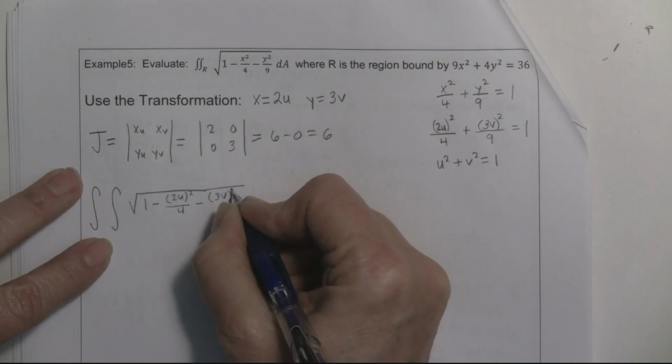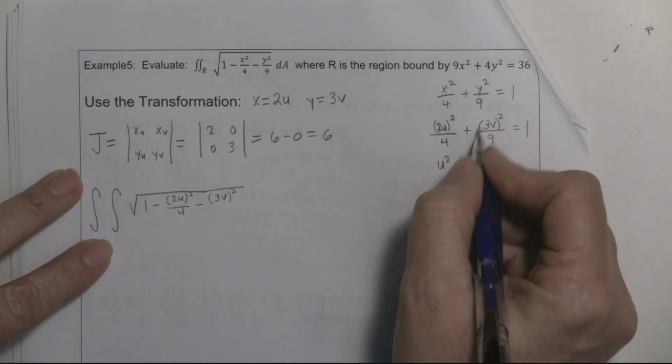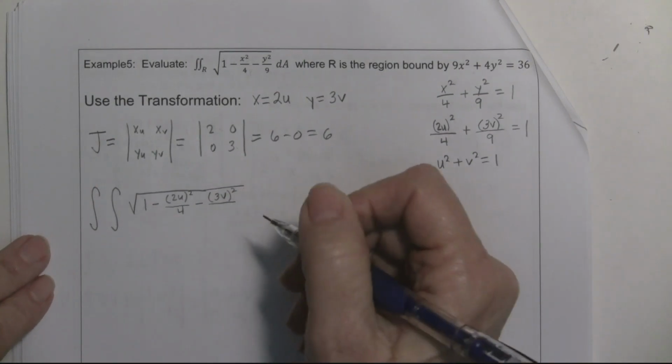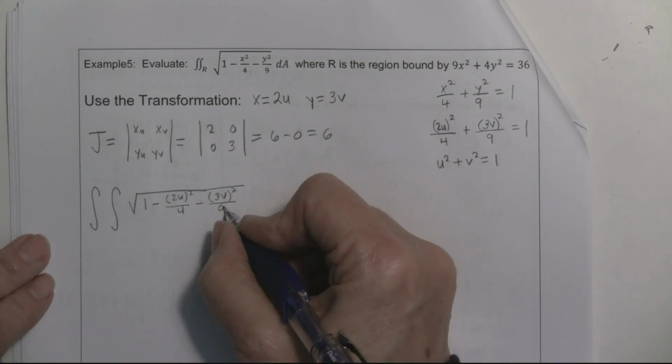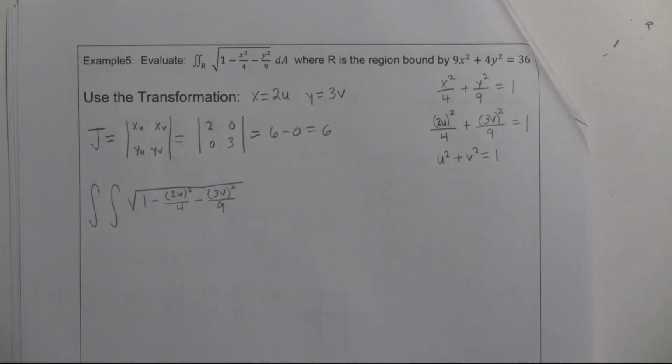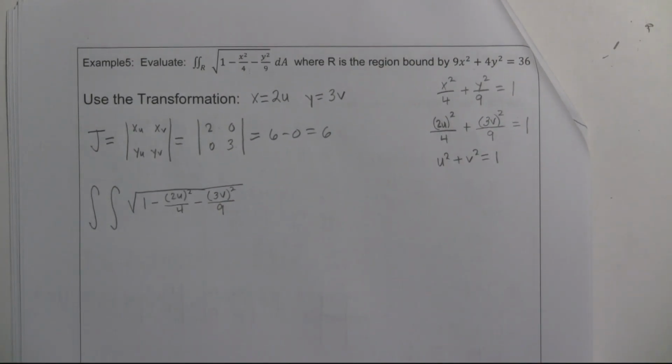So not only did it help us over here on what our bounds were, it also helped us on what our integrand was, because this is going to look a lot nicer. You're going to see that it's going to turn out not too bad.